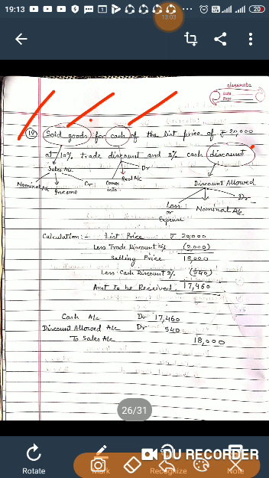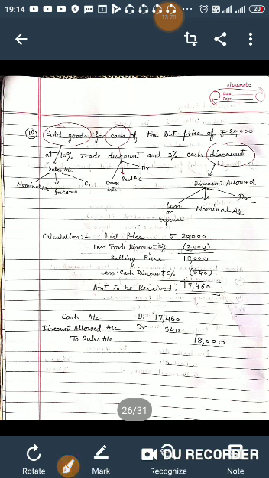We are selling goods, so definitely we are allowing cash discount. Sales is a nominal account, and it is an income, so it should be credited.